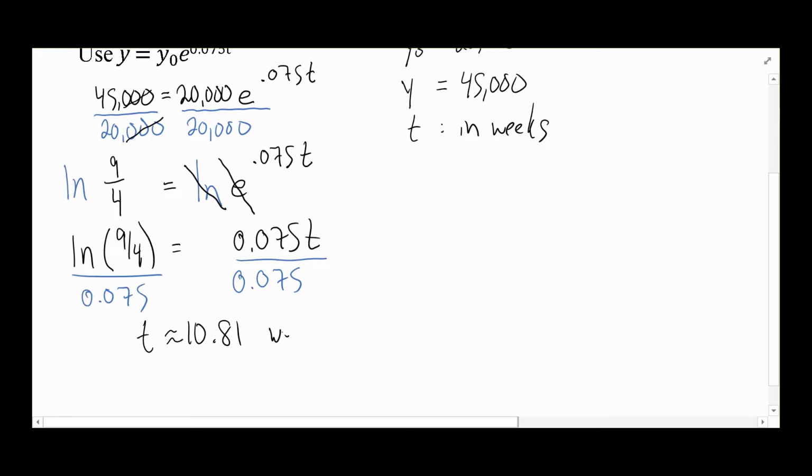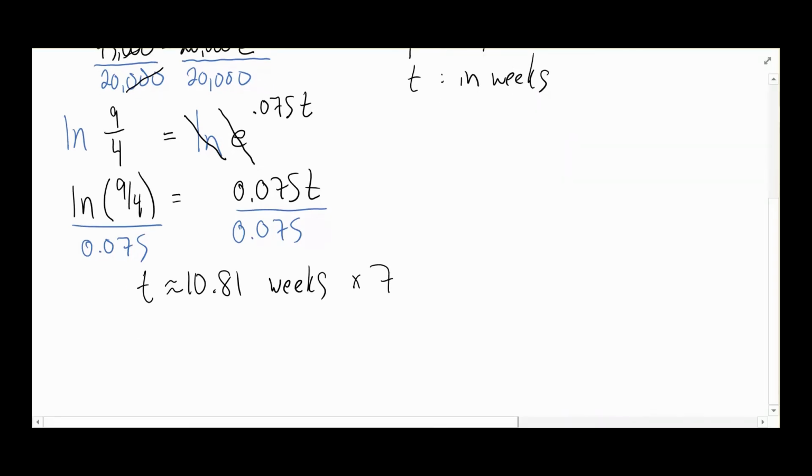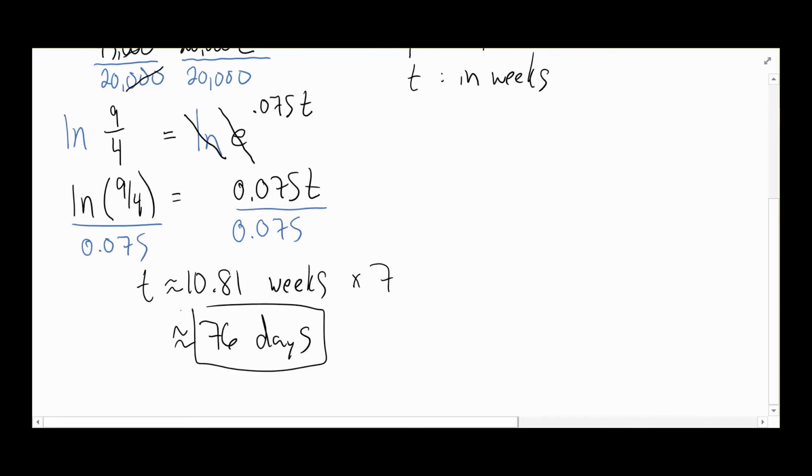But remember that this is measured in weeks. So I need to multiply this by 7 to figure out how many days, because that's what I was asked about. So just to be a little bit picky here, we're looking at about 76 days is the answer we're looking for.